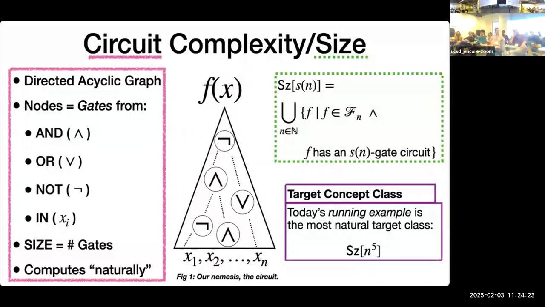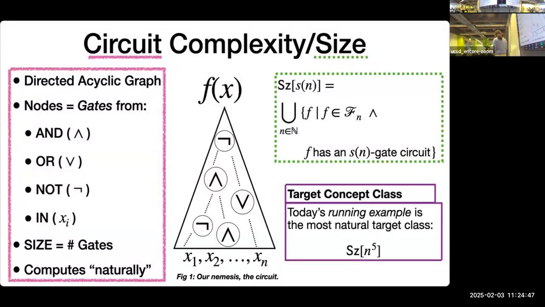So what's natural about this circuit class? Well, this is way beyond current circuit lower bound technology for explicit functions, basically. And even for related models like Boolean formulas, it's nowhere near the near cubic formulas that we can prove lower bounds for.